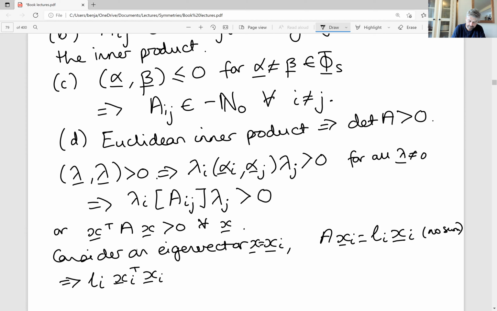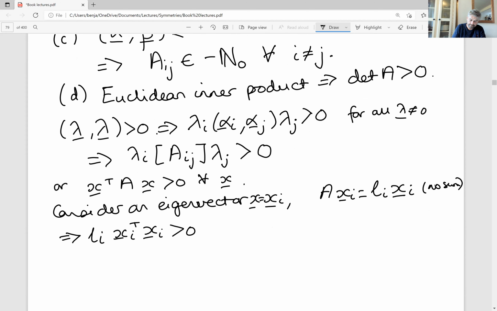So the previous inequality tells me that that's greater than 0. But the Euclidean inner product tells us that this combination is positive. So all of the eigenvalues must be bigger than 0.